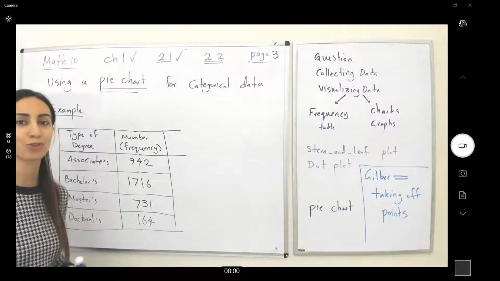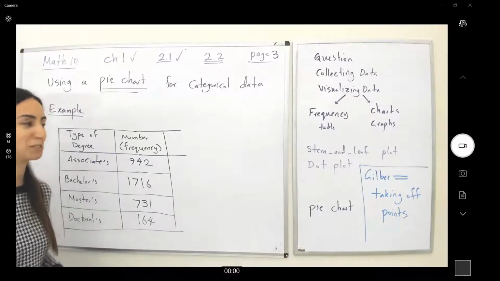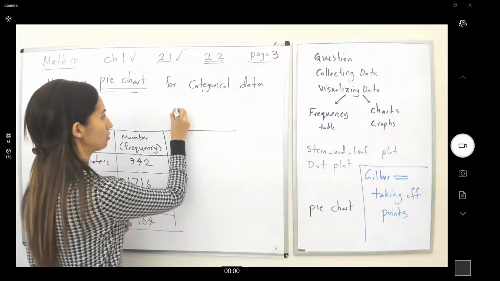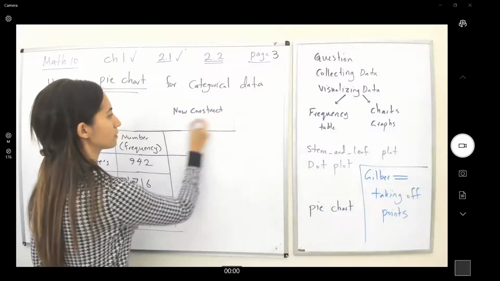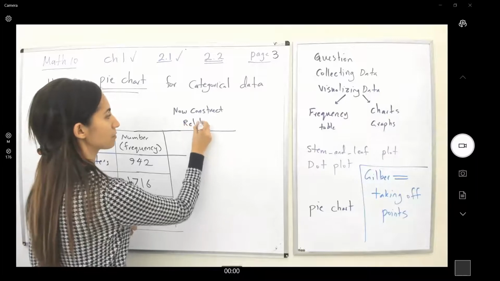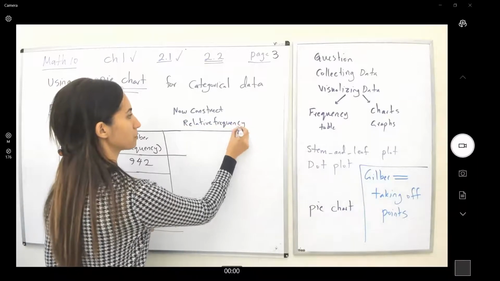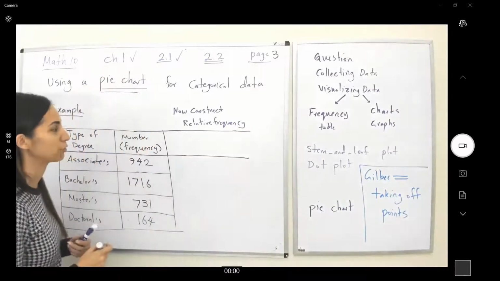Next step is actually to form your relative frequency. Now, construct relative frequency for each of these categories.